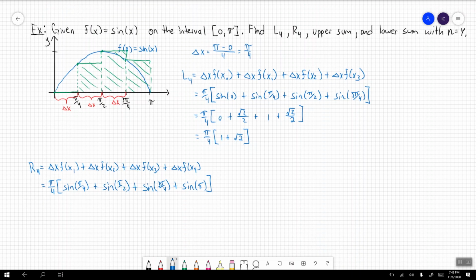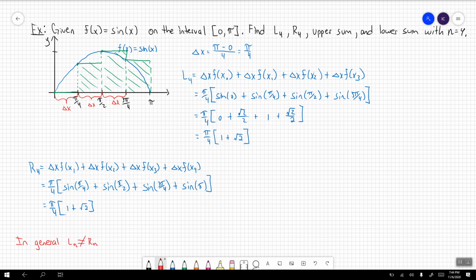And once we go through the whole evaluation process here, we are going to once again get the exact same value of pi fourths multiplied by 1 plus root 2. Now, in general, the left endpoint sum is not equal to the right endpoint sum approximations.